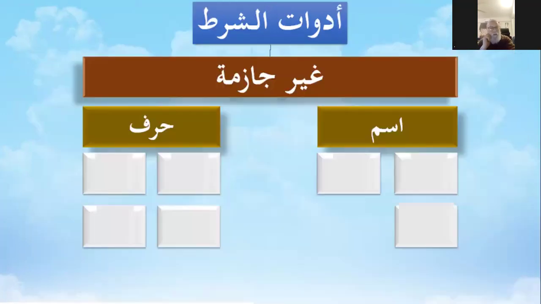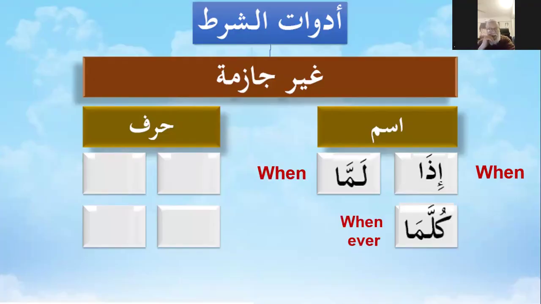The next group of the ada harf and the asma is ghair jazim, which does not bring a change on the verb. And among them, asma is iza, which means when. Lamma means when. Kullama, whenever.